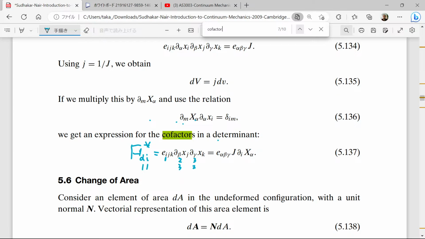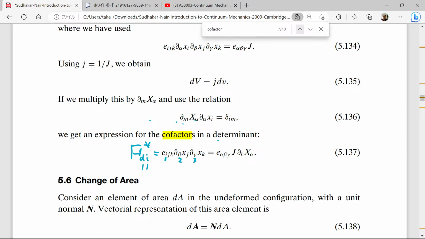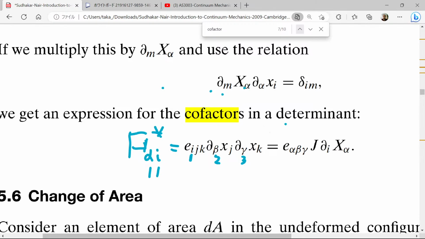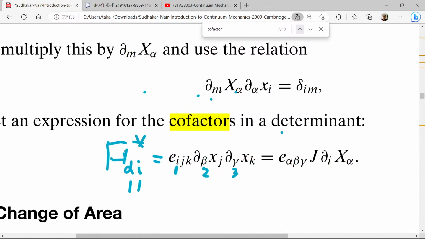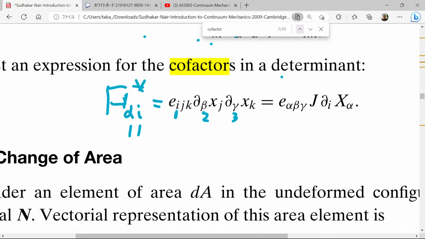This JK. So there is a rule to choose. So there has to be a table like this.